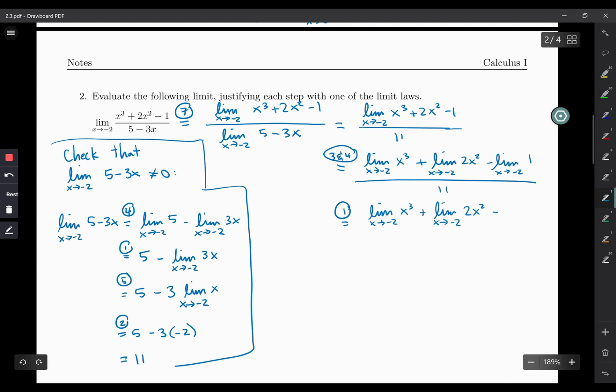Okay, so we get, and just so it's clear, this is minus 1 over there, over 11, and then let's go ahead and pull out this constant multiple, so that's rule number 5. The limit as x goes to minus 2 of x squared.